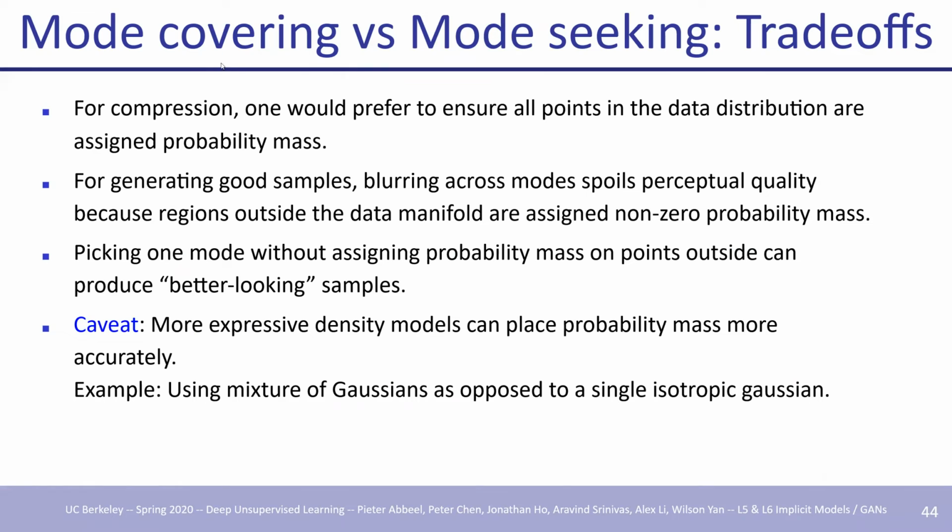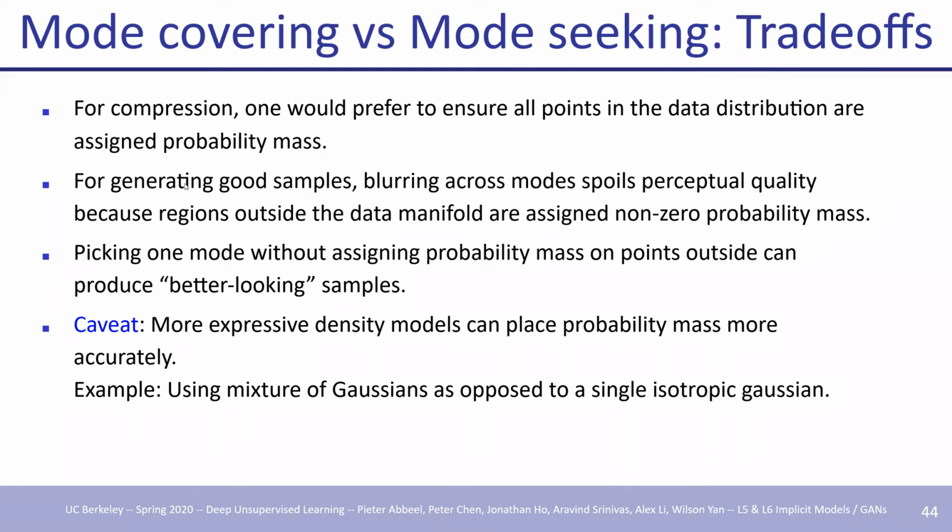This is called mode covering versus mode seeking. For compression, we want to ensure that all the modes are covered, but we haven't gotten to compression yet, so it probably doesn't make much sense to talk about this.